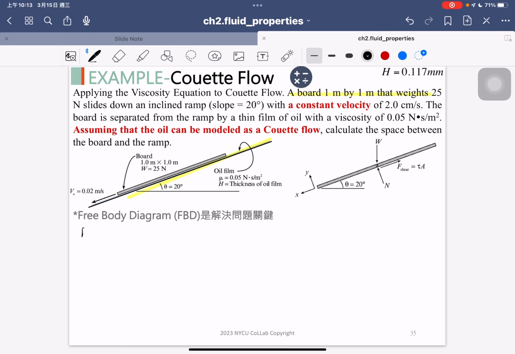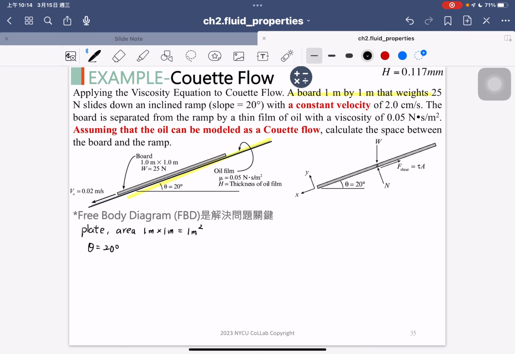This is a plate, with the area of 1 meter multiplied by 1 meter, equal to 1 meter square. This is our plate area, and we just put it on the incline table, and the incline angle theta here is 20 degrees.